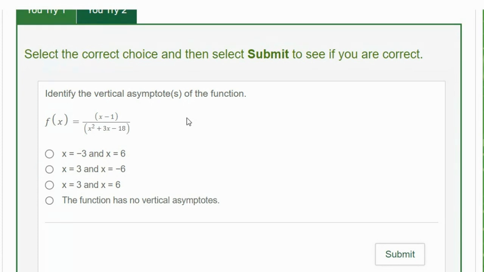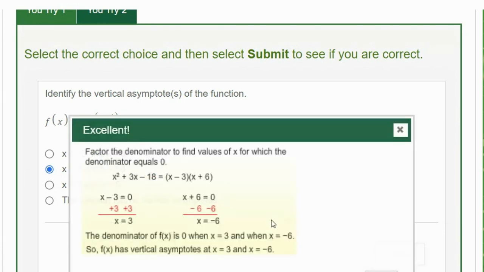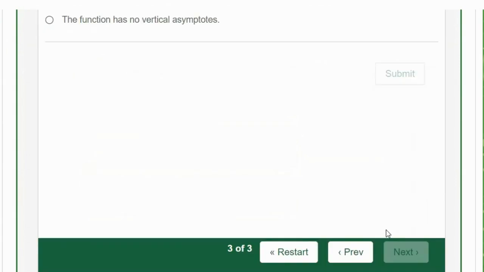So if it's x plus 6, x minus 3, the values of x that would make that 0: x plus 6 would be -6 plus 6, right? x minus 3 would be 3 minus 3. Let's put that in there. Excellent. There we go. Now let's see.